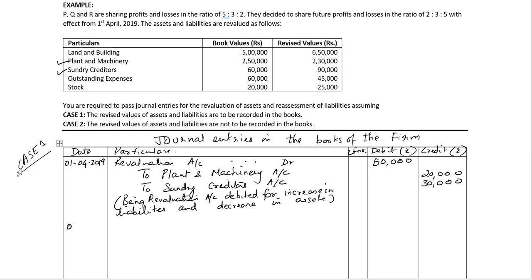On the same date, we'll credit the revaluation account with the first item, land and building account debited. The increase in land and building is 1,50,000 rupees.